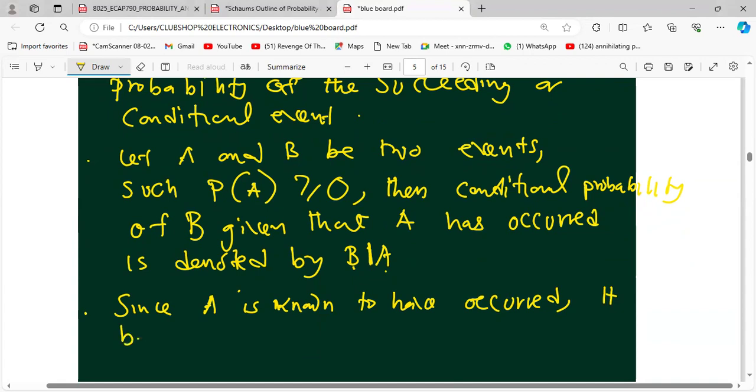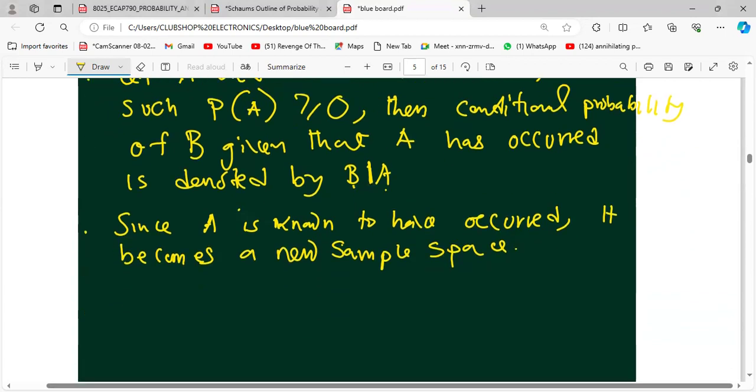It becomes a new sample space, replacing the original, which is S. It becomes the new sample space now.